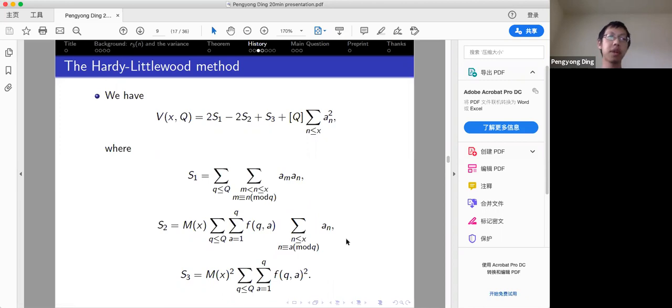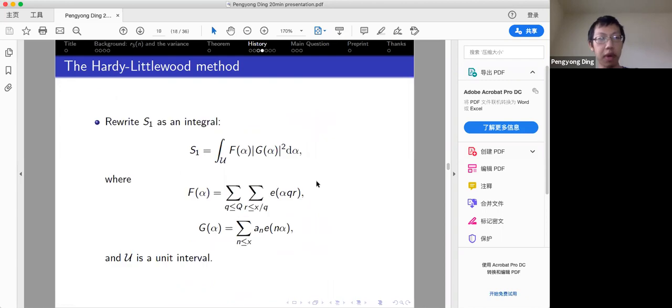We need to use the Hardy-Littlewood method on S1. In other words, we can write S1 as an integral over U of f of alpha times the modulus of g of alpha squared d alpha, where U is a unit interval, in other words, an interval of length 1, and f of alpha is defined as a double sum of e of alpha q r, and g of alpha is defined as a sum of a_n times e of n alpha.